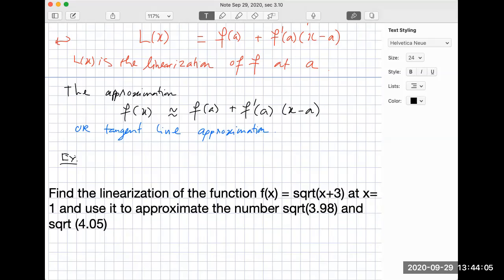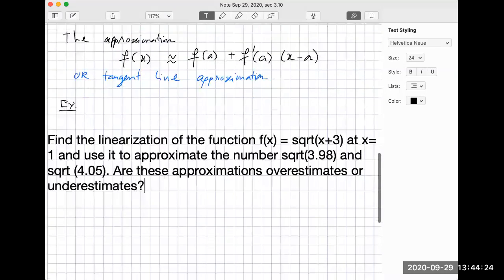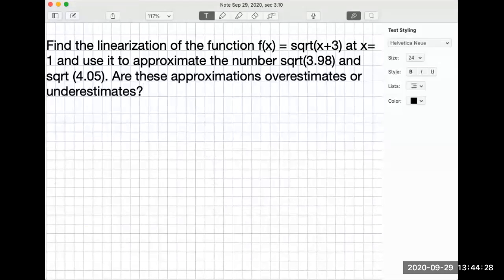Are these approximations overestimates or underestimates? So this is the question. And when I type SQRT, it is the square root.